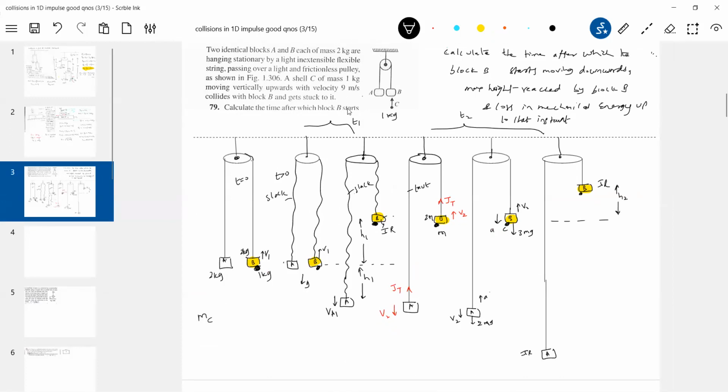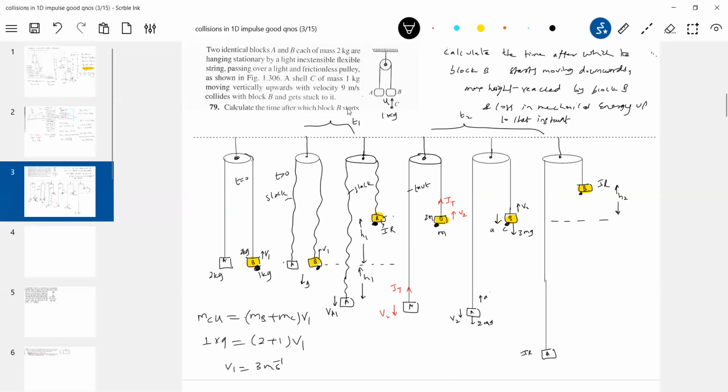So let me take this as U. MC U is equal to (MB plus MC) into V1. So this is 1 kg. U is how much? 9 meter per second. 2 plus 1 into V1. So V1 equal to 3 meter per second. Okay, after getting this, I got V1.